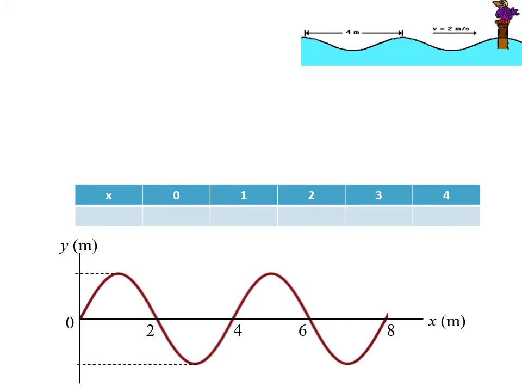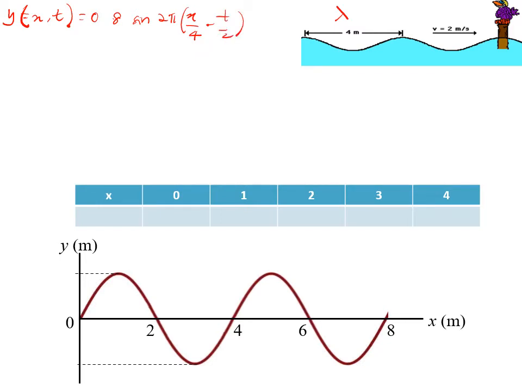Regarding this figure, lambda given is 4 meters and speed is 2 meters per second. Let us expand the equation given in question 10.2, y in terms of x and t equal to 0.8 sine 2 pi (x over 4 minus t over 2).